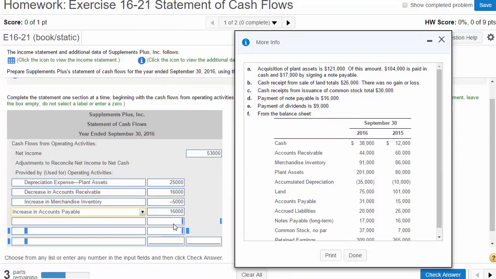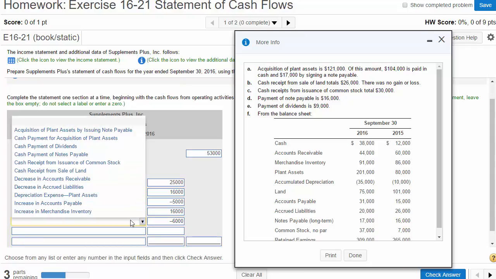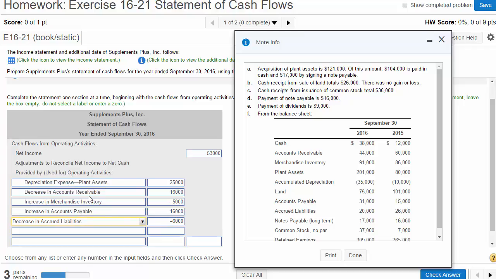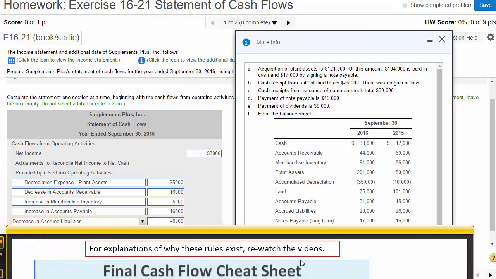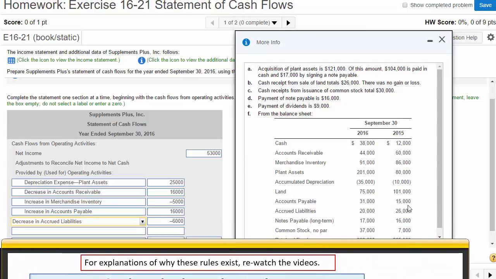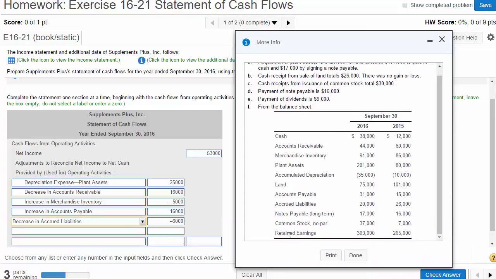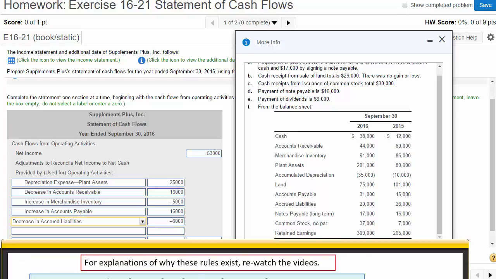Looks like it went down $6,000, decrease in accrued liabilities. Okay, and now there are no, well, let's just double check. Notes payable are long-term. Common stock is an equity. Retained earnings is equity. So we're done analyzing current assets and current liabilities.